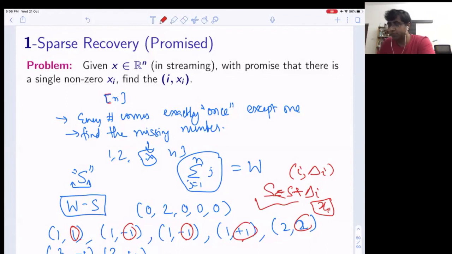Okay. So if all I wanted was a non-zero xi, then that's easy. What is not easy is how to find the coordinate. Can we find the coordinate? Can we come up with some tricks to find the coordinate? Can you store something other than just the sum, right?